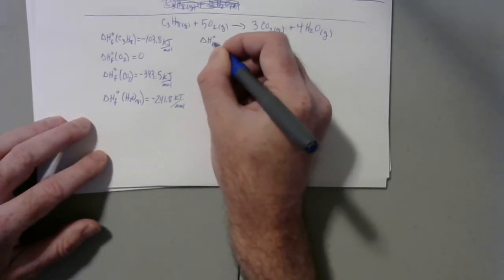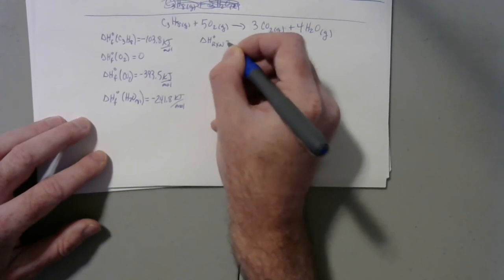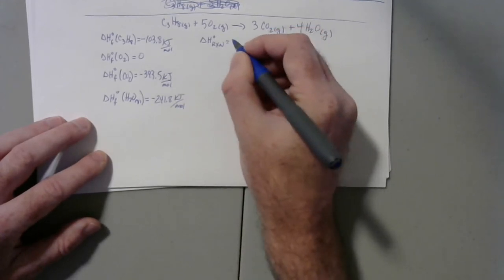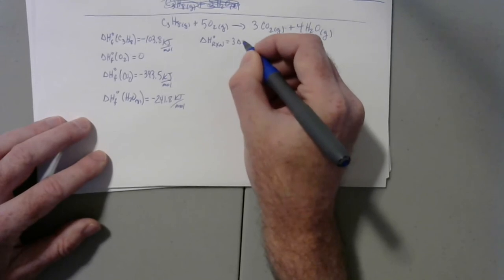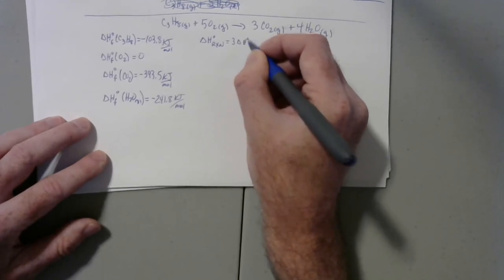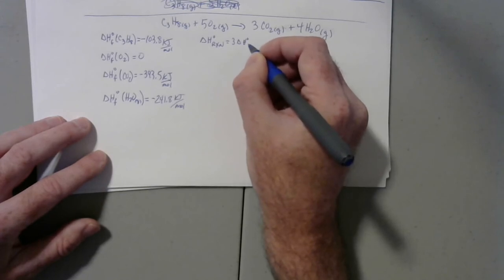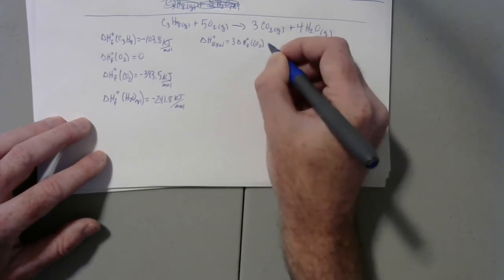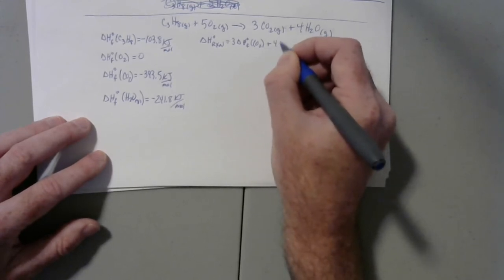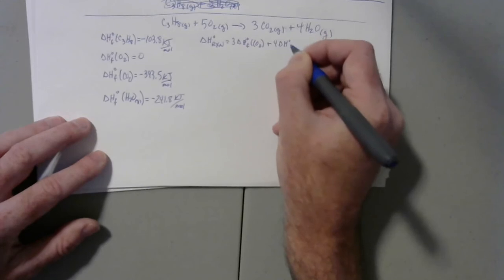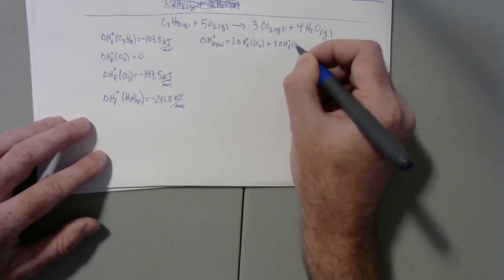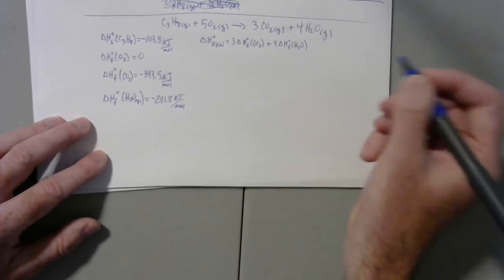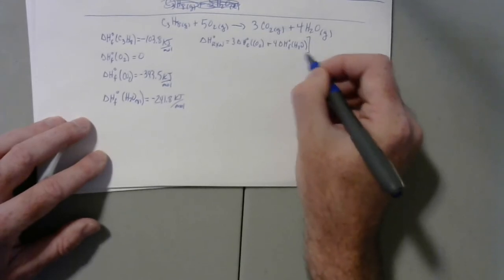The standard heat for the reaction equals 3 times the standard heat of formation for the CO2, doing the products first, plus 4 times the standard heat of formation for the H2O. That's your product side.